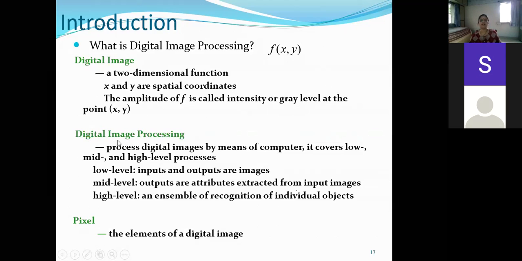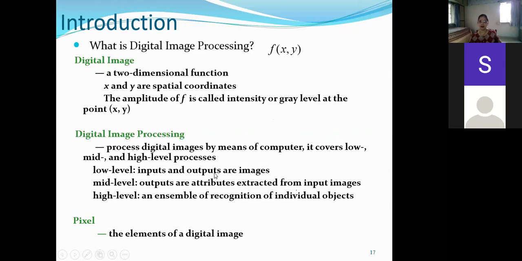Then about digital image processing. So this is our image f(x,y). We can process this image for various imaging applications. Now these processes are broadly classified into three groups: low level processing, mid level processing, and high level processing. Low level processing means we process the image and it gives you another image as output.